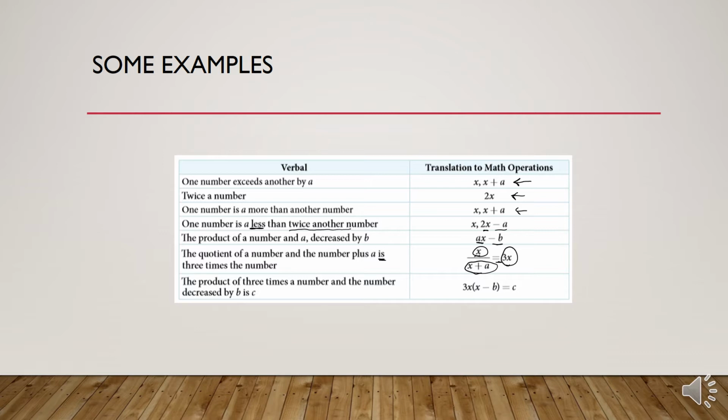Next, the product of 3 times a number and the number decreased by b is c. So again, "is" is the equal sign. The product, that means multiplication, of 3 times a number, and the number decreased by b, is equal to c.